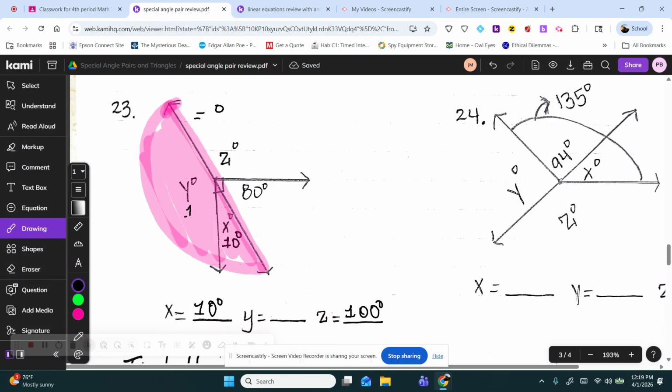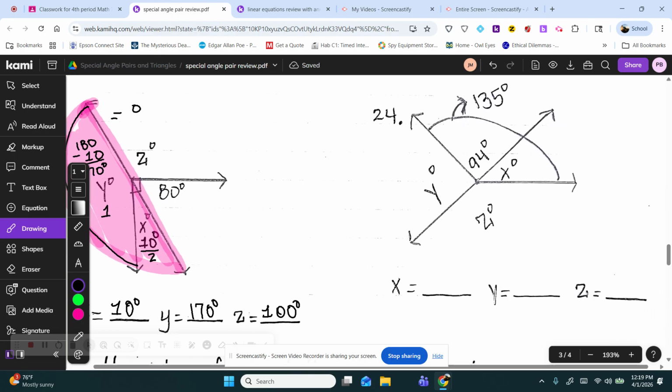So this angle is supplementary to that angle. In other words, they add up to 180. So to figure out this portion here, all I have to do is take 180 and subtract 10. And so I know that the measure of angle Y is 170 degrees.